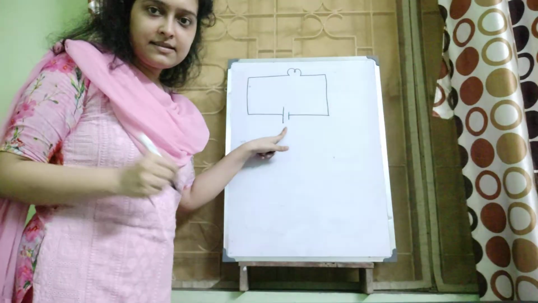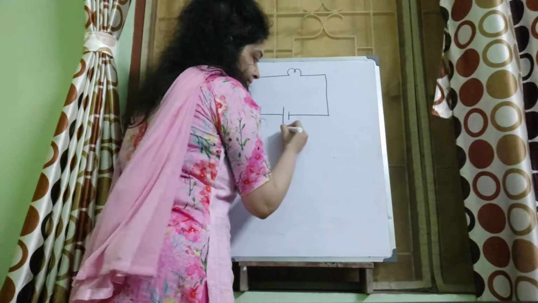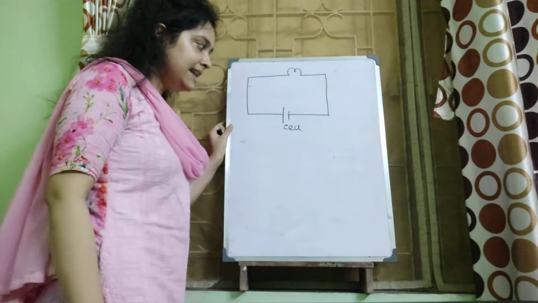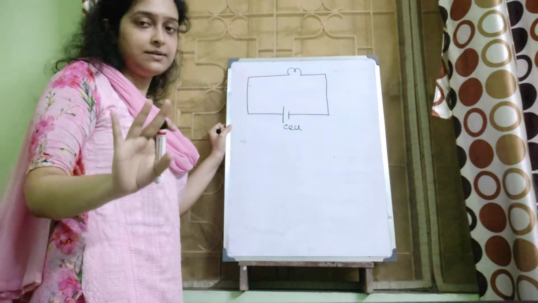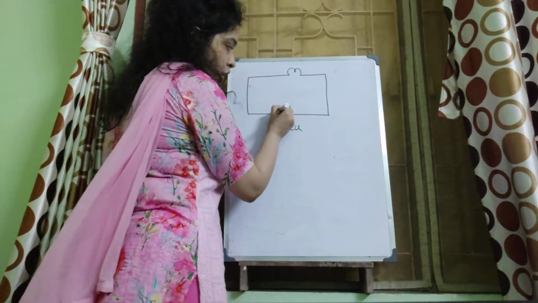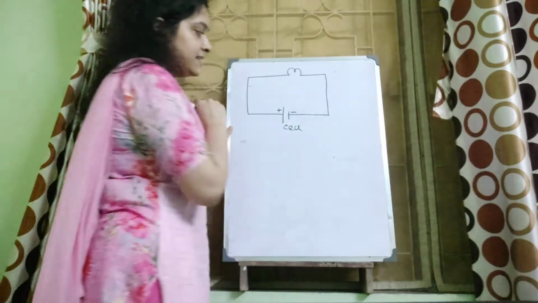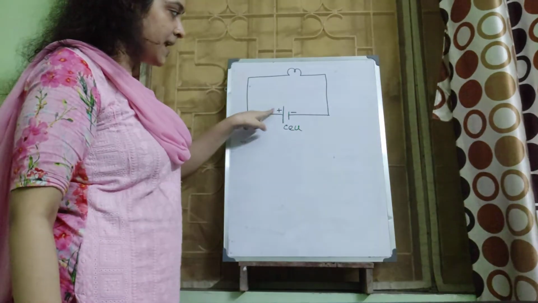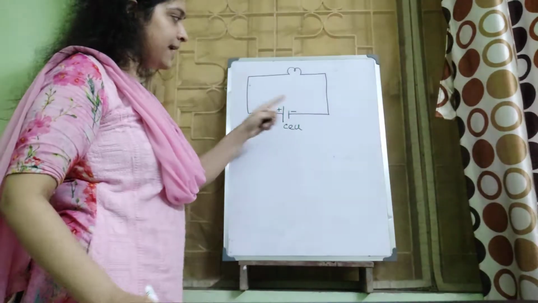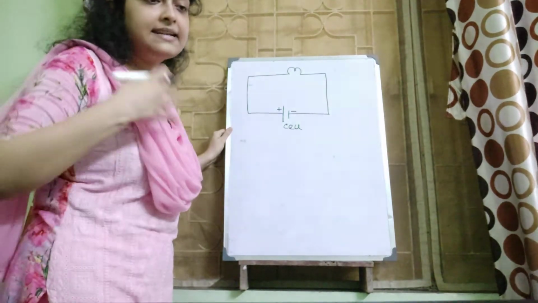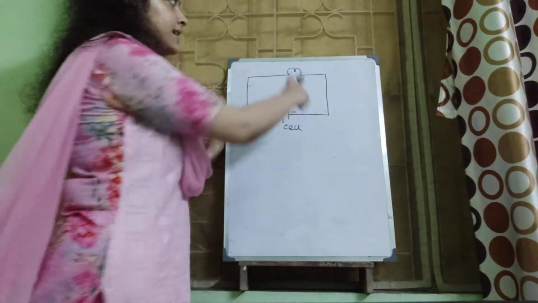What is this? Symbol of cell. Cell, right? Electrical cell, okay, not the cells which I've learned in biology. Always give plus minus with the cell. Bigger one plus, smaller one minus. Don't forget ever to give plus minus to the cell. Without it, it's incomplete. What is this?